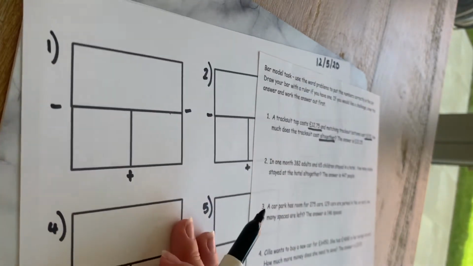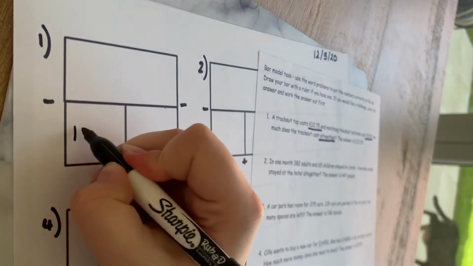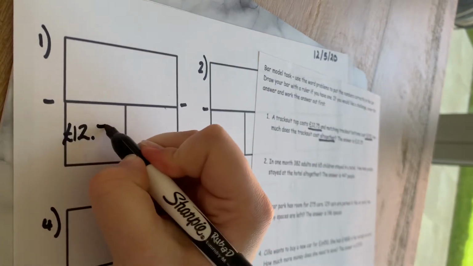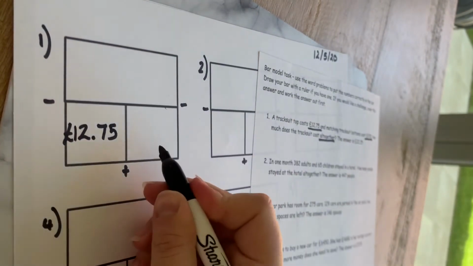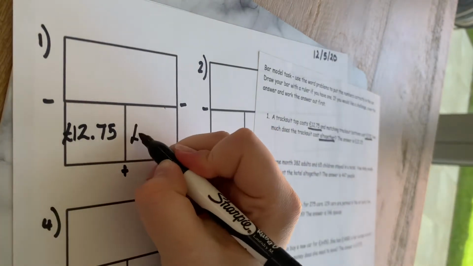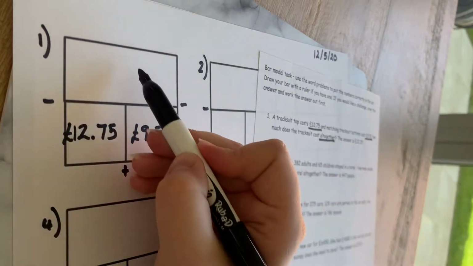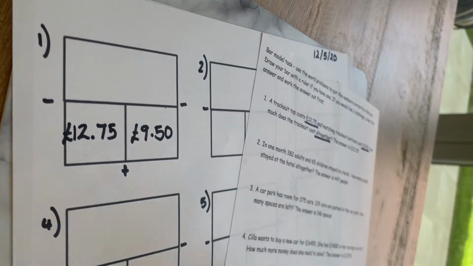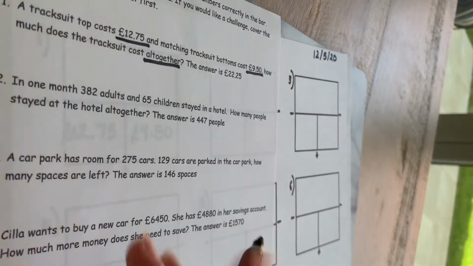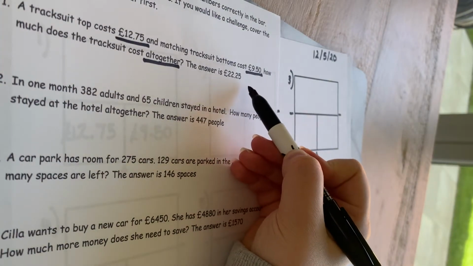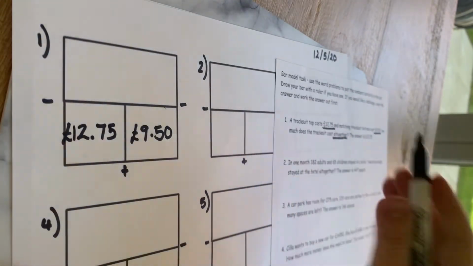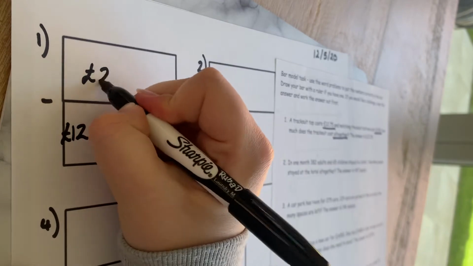Altogether, so I've got £12.75, that's part of my whole, and I'm adding together £9.50. So I know that my answer is going to go at the top of my bar model. The answer is £22.25.